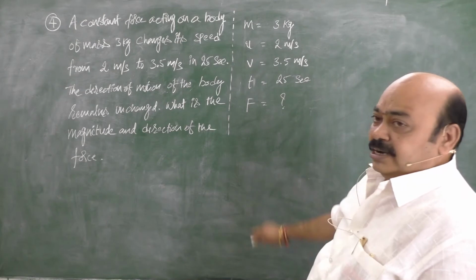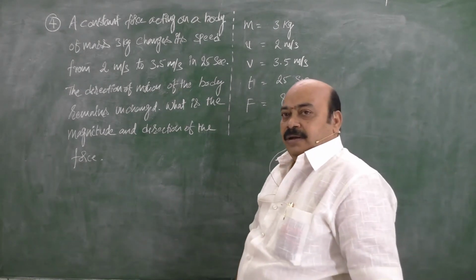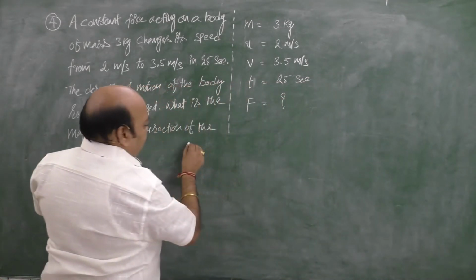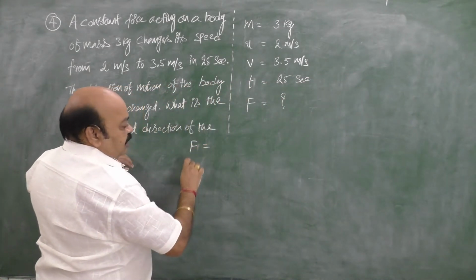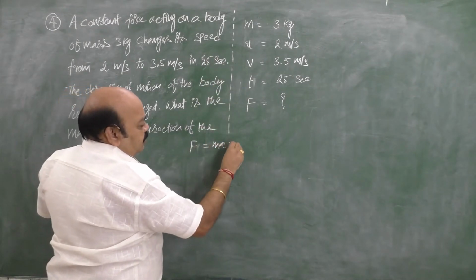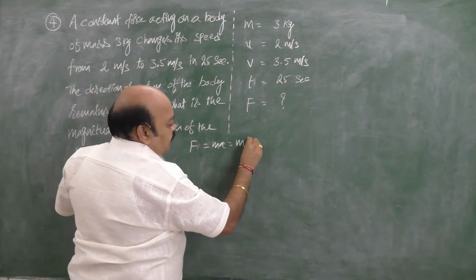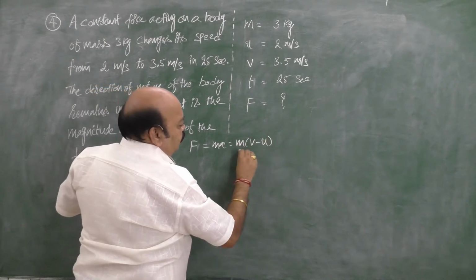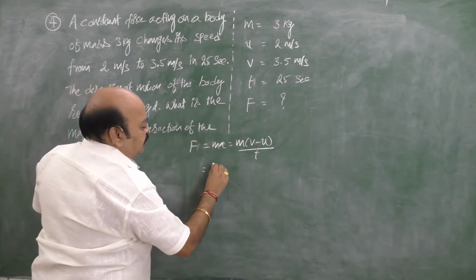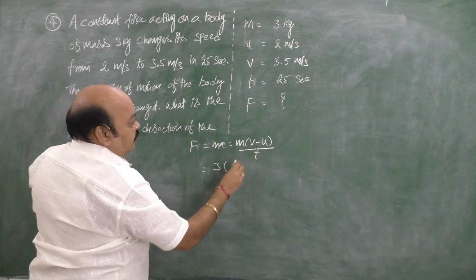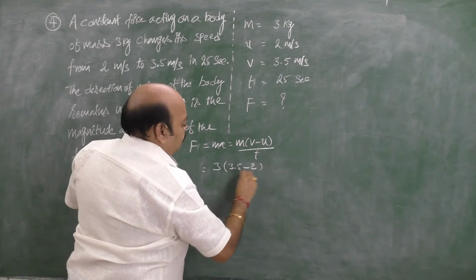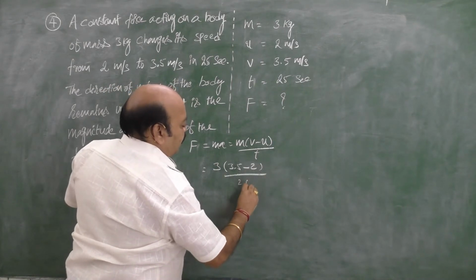Now we are going to calculate F is equal to ma. Very simple problem. Which relation, which formula connects all these? F is equal to ma, which is nothing but m into v minus u by t. By substituting all these values, what is the mass? It is given as 3 into final velocity 3.5 minus initial velocity 2, divided by time 25.